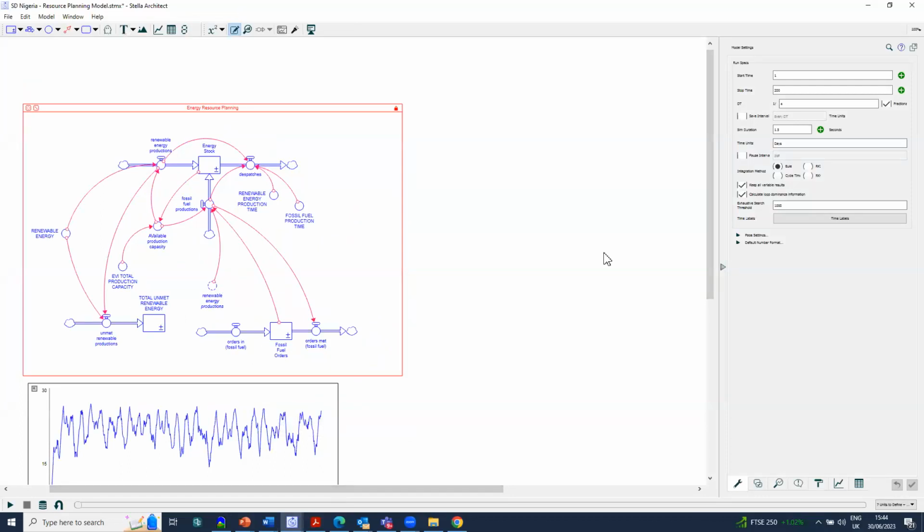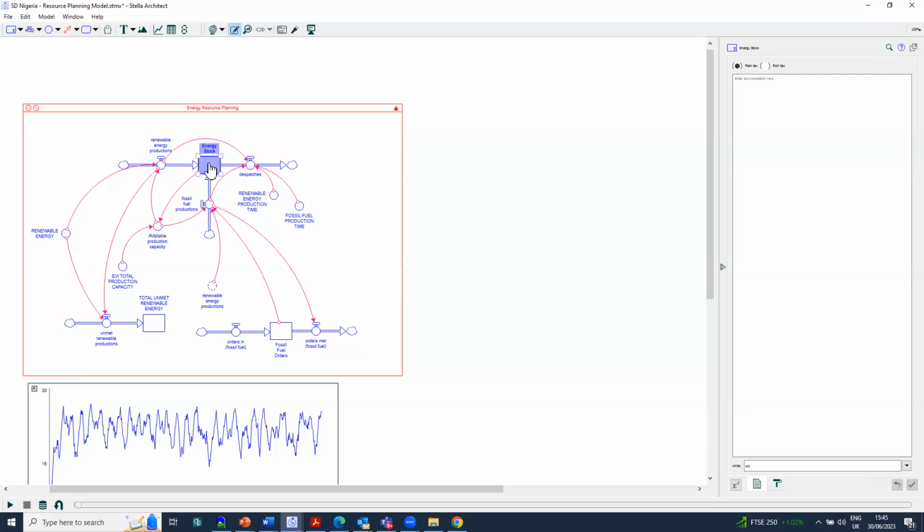There are a couple of assumptions that were made. So in this model here, we can start from the stock. The original stock that we have was 0.